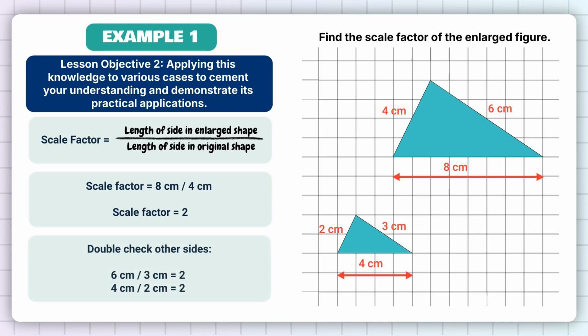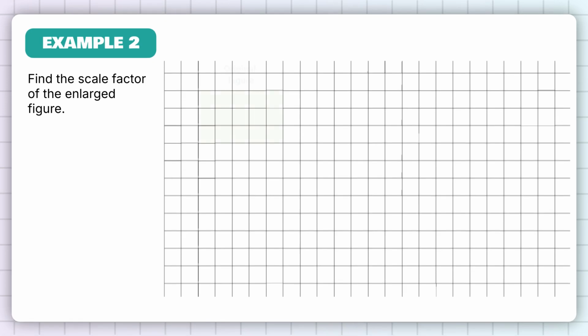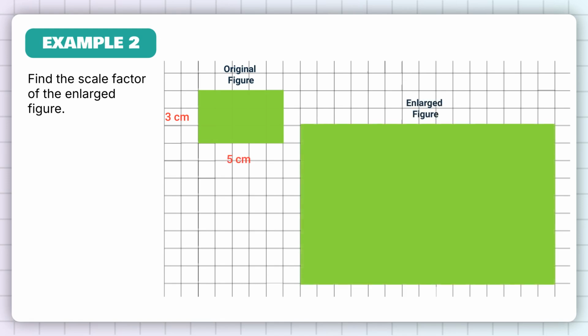You can now double-check this by comparing the other sides. 6 centimeters divided by 3 centimeters equals 2, and 4 centimeters divided by 2 centimeters also equals 2. Now let's look at a rectangle. The original rectangle has dimensions 3 centimeters by 5 centimeters, and the enlarged rectangle has dimensions 9 centimeters by 15 centimeters.